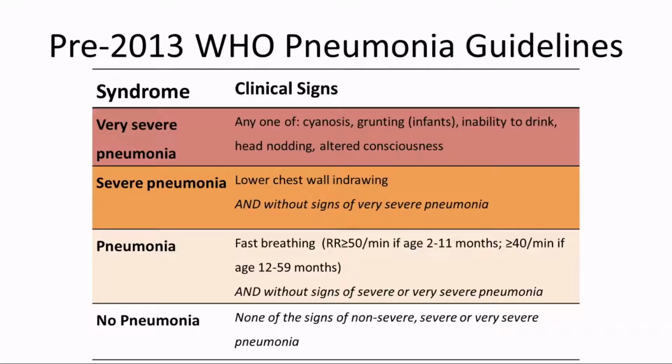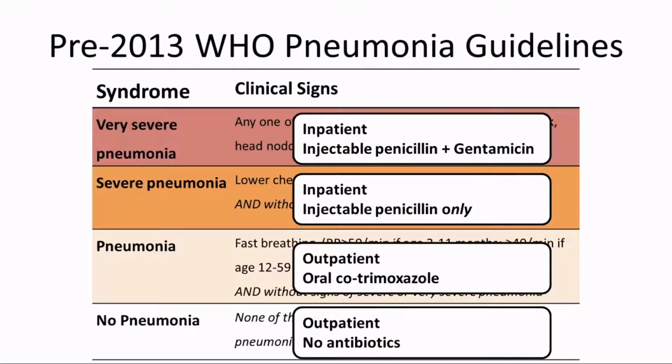Then children with pneumonia were those who had fast breathing in the absence of those additional signs of severity. And there would be children who would be termed as having no pneumonia if they had none of those signs above, but presented with a cough or difficulty in breathing.